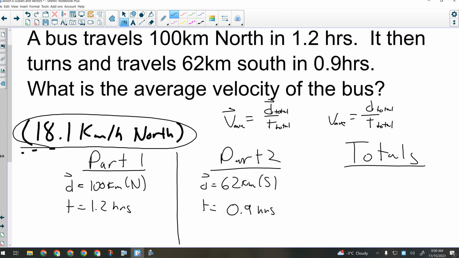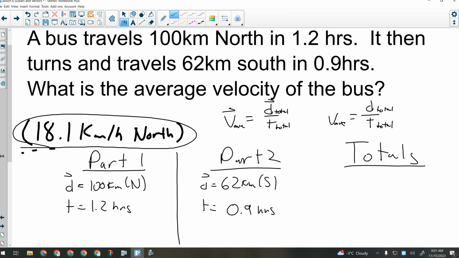Yeah? Okay, so for this one here, if I want to find the average velocity, I need the total displacement and the total time. Okay? If I want to find the total displacement, I need to add those two displacements together, making one of them negative.